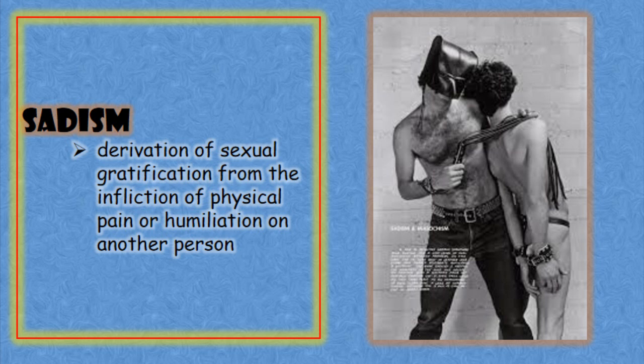So, sa masochism, gustong-gusto niya, nasasaktan siya. Sa sadism, ito naman yung mga tao, gusto-gusto nilang sinasaktan yung partner nila while having sexual intercourse. So, derivation of sexual gratifications from infliction of physical pain po. So, yun po yung sadism and then masochism.